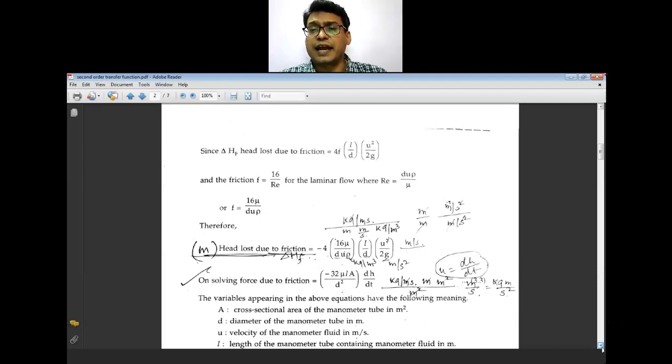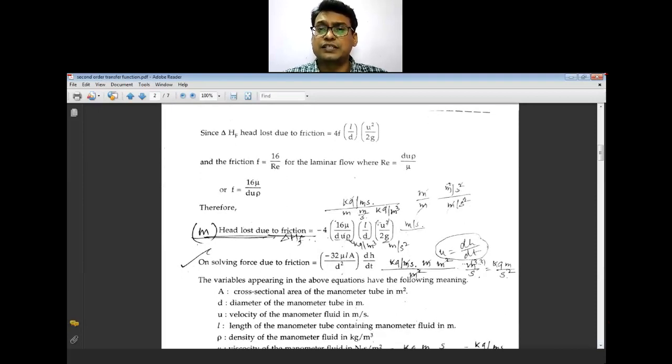So substituting this value of F in the equation for the head loss delta HF, you will get these terms: 4 into 16 mu upon D U rho, into L upon D, into U square upon 2G. Now you have to simplify this, so I am defining U as dH upon dt.